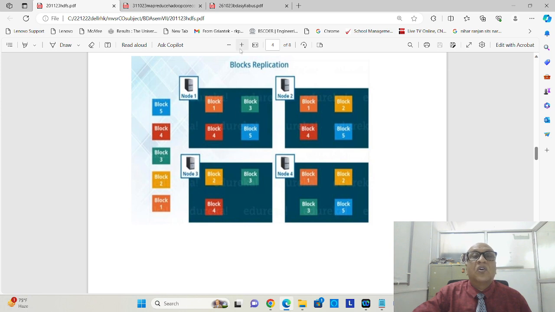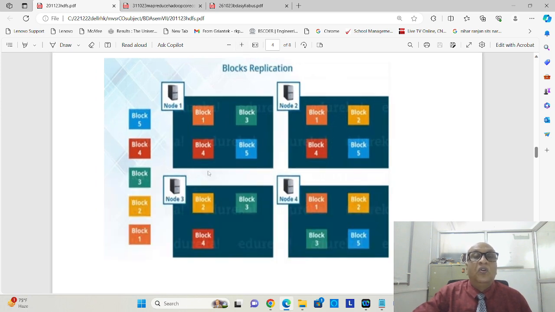Let us look at the concept of block here. There are 4 nodes visible here: node 1, node 2, node 3 and node 4. So these 4 nodes, we call them data nodes, slave nodes, slave daemons or slave machines. And you can also see here color coded blocks: block 1, block 2, block 3, block 4, block 5. Let us look at block 1.